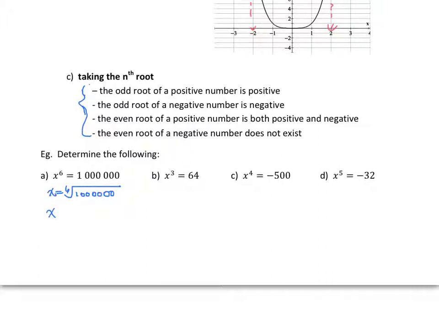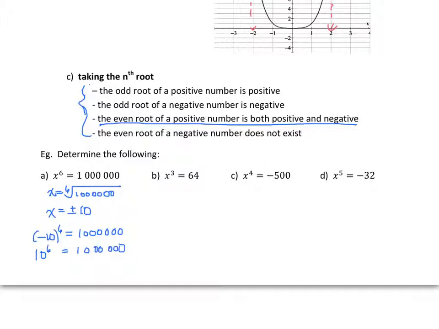Since we're taking the even root of a positive number, the answer could be both positive and negative. In other words, x could be plus or minus 10. So negative 10 to the exponent 6 is equal to 1,000,000, and positive 10 to the exponent 6 is equal to 1,000,000. So that one has two answers.